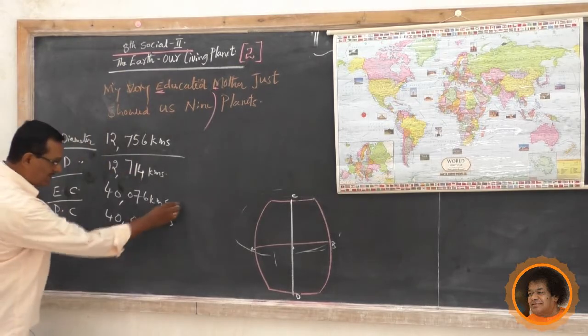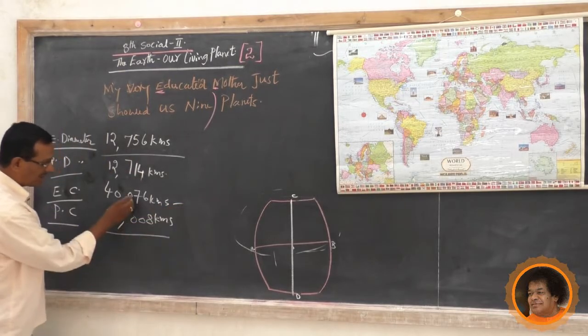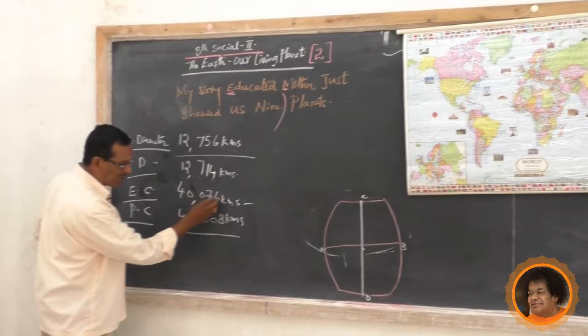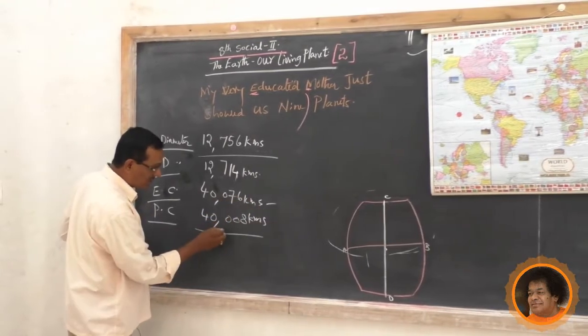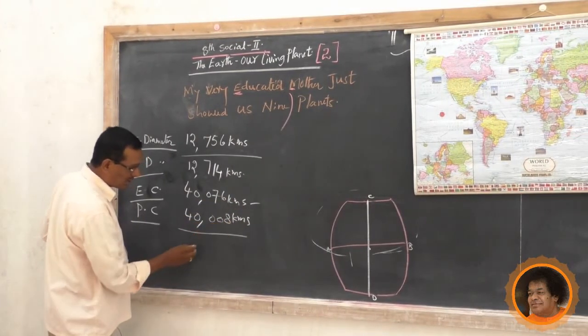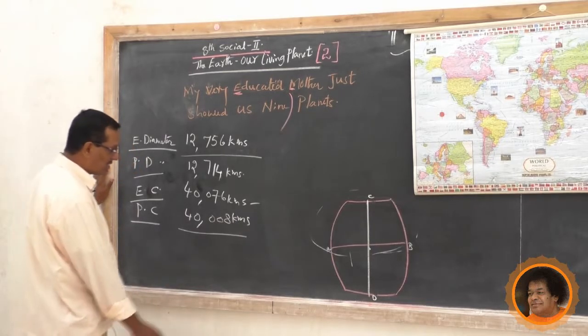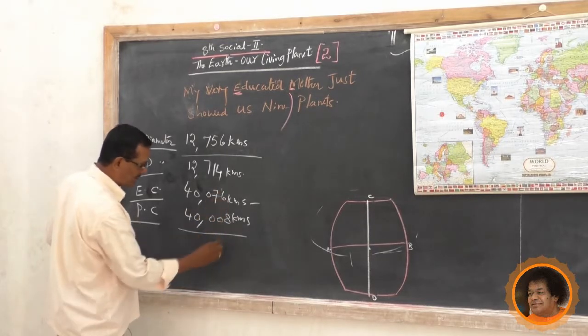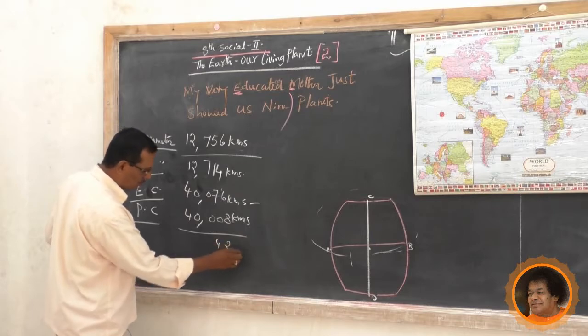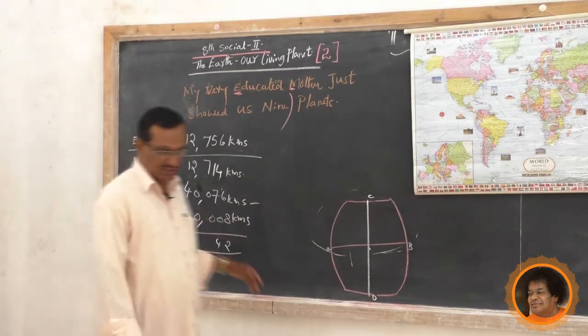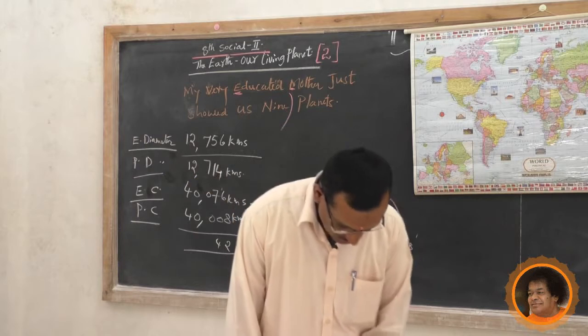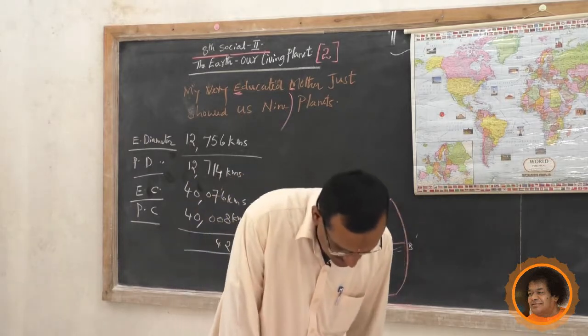If you subtract 40,008 kilometers from 40,076 kilometers, the difference is 42 kilometers.